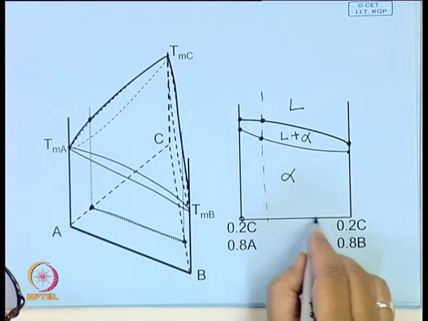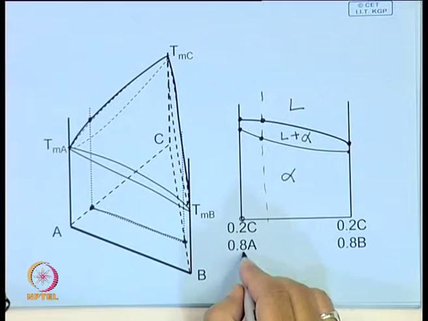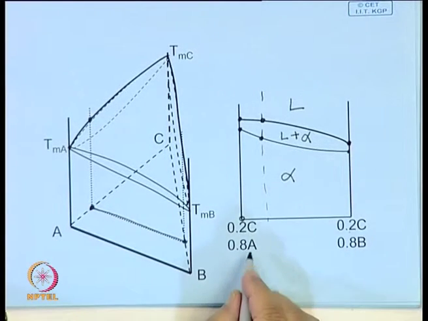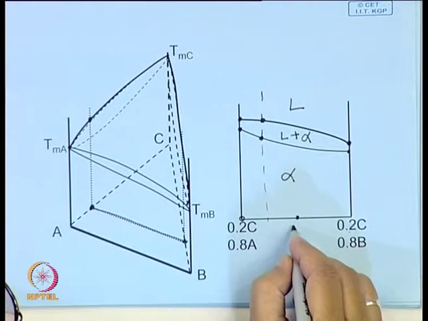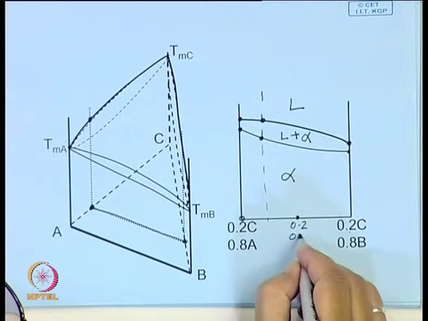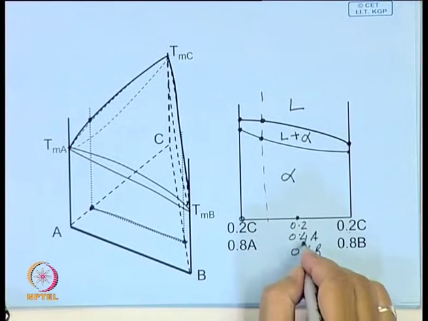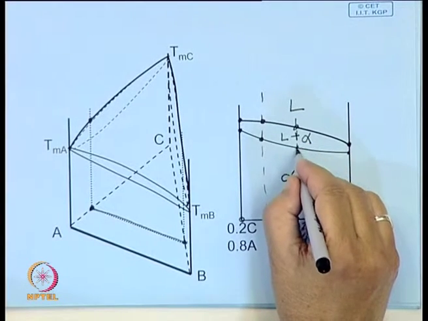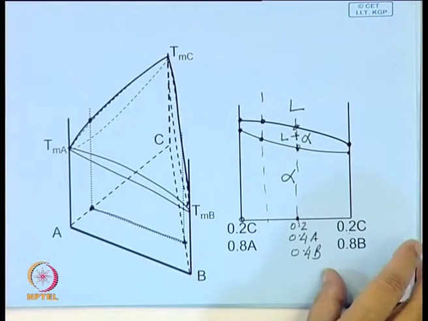All along this composition line the percentage of C is the same. What is changing is the ratio of A and B. Here it is 80% A, here it is 80% B, and somewhere in between it may be 0.4 A, 0.4 B. So you can read from this diagram the melting range of that particular alloy.